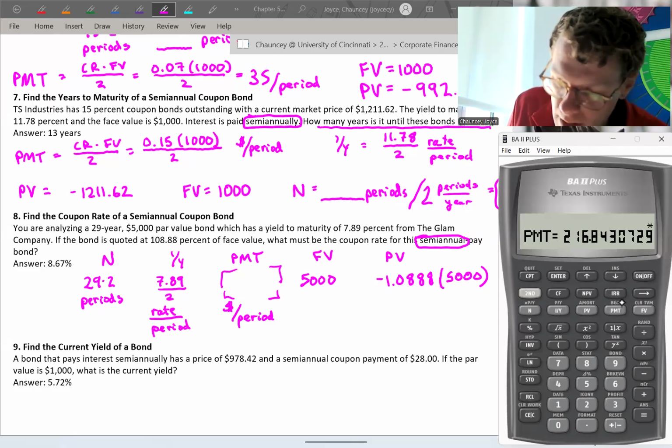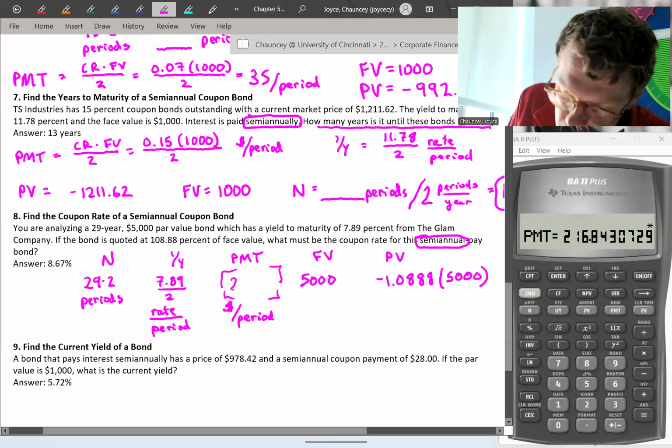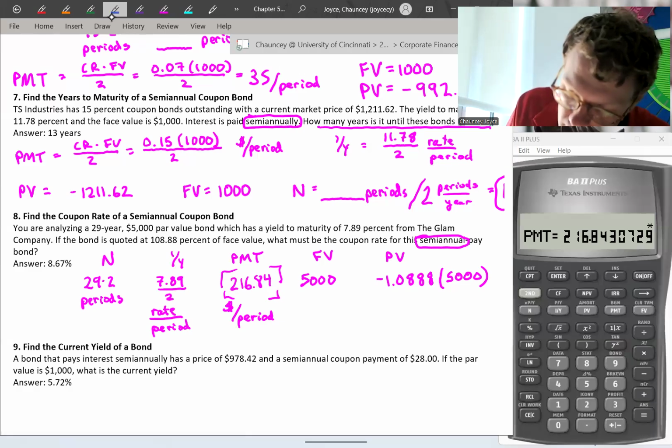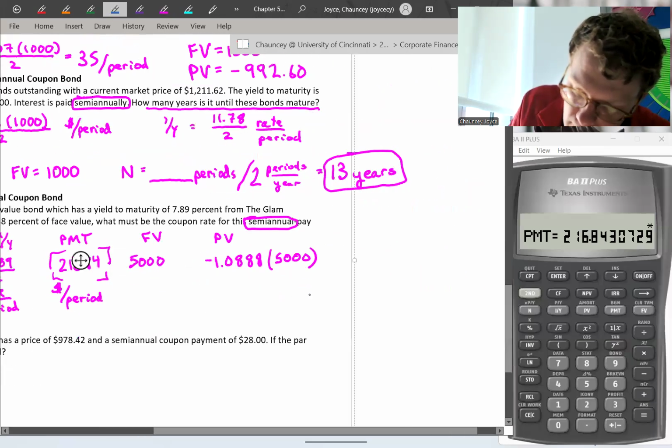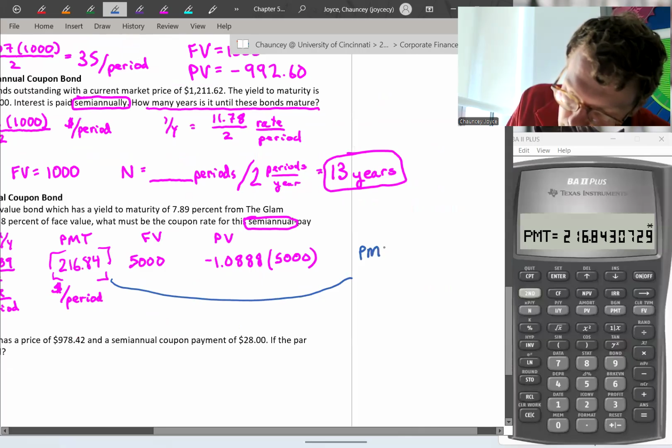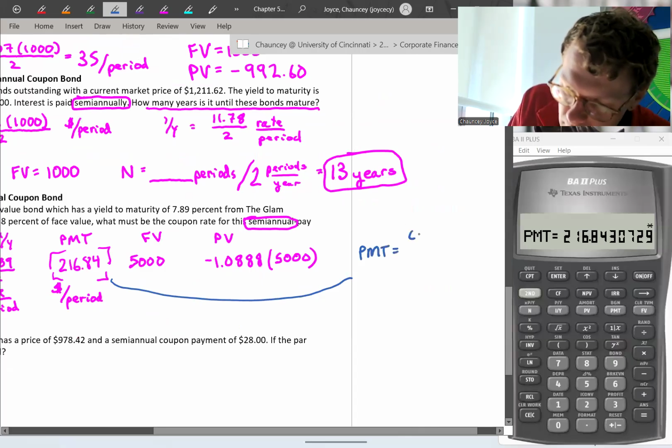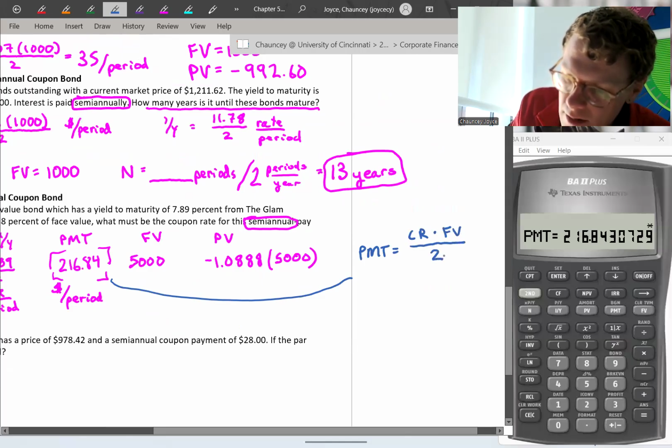Now we know the coupon payment per period is $216.84. We need to use this equation now, that the coupon payment is equal to the coupon rate, I'll put CR, times the face value divided by 2 because it's a semi-annual bond.